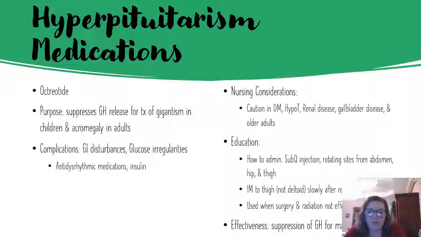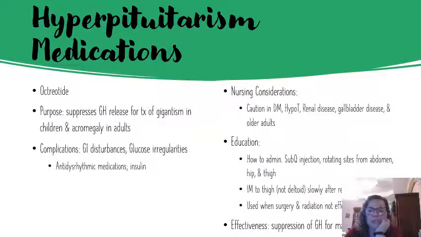This is not always an option, is what I'm getting at, because you have to be cautious in these types of patients, and that's common because of the process that's going on here. So it can be tricky to treat, and this is really the only one that I know of that we can use, and that your book talks about.